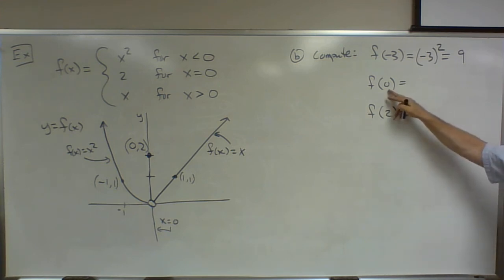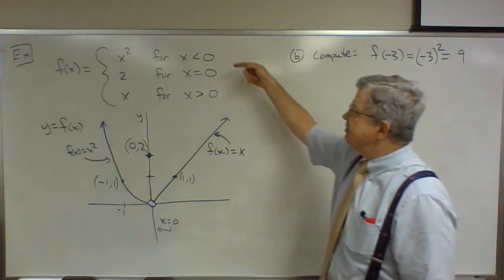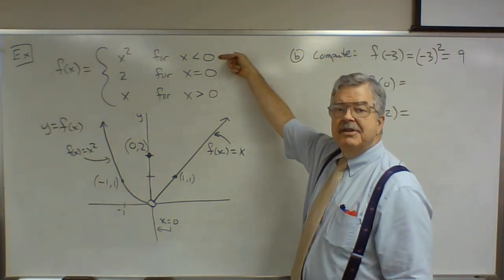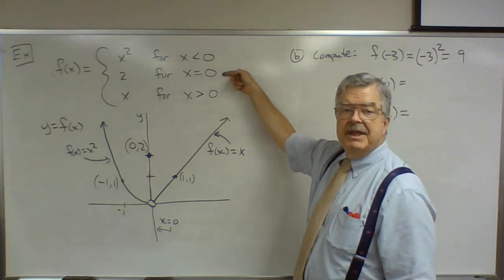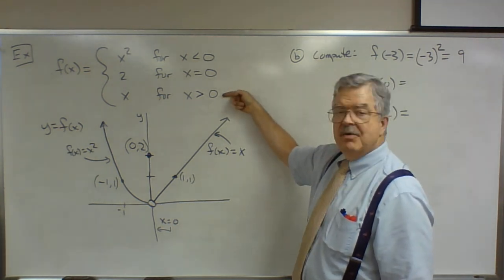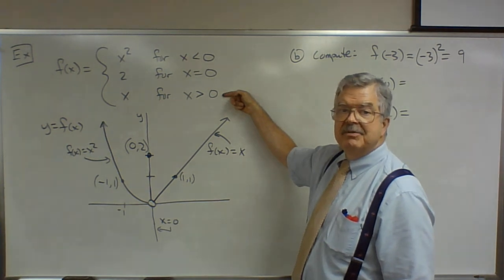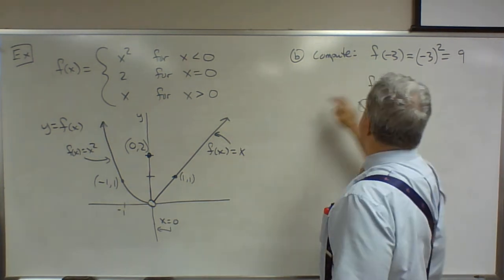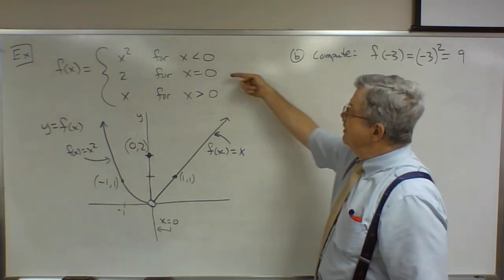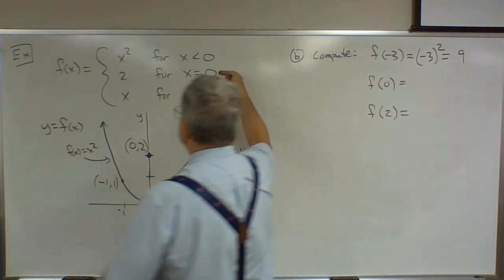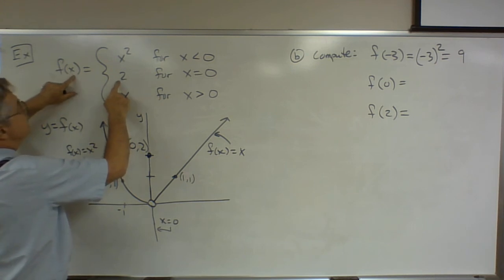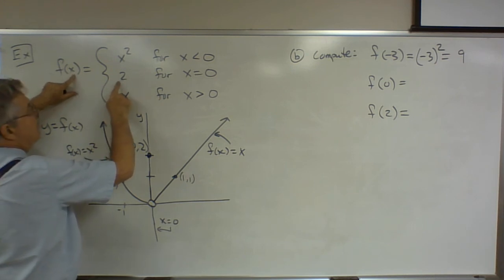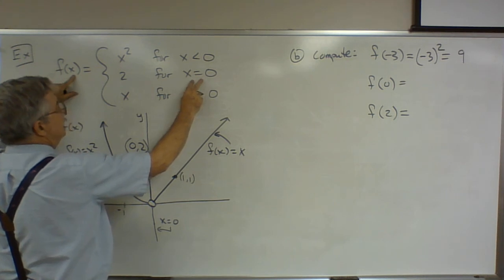Now let's look at this one. X is 0. Does x fall into this category, less than 0? Or this category, equal 0? Or this category, greater than 0? Well, this one's pretty obvious, right? X equals 0. This is going to be the rule or the definition of f of x that we use. This is the definition of f of x that corresponds to x equals 0.